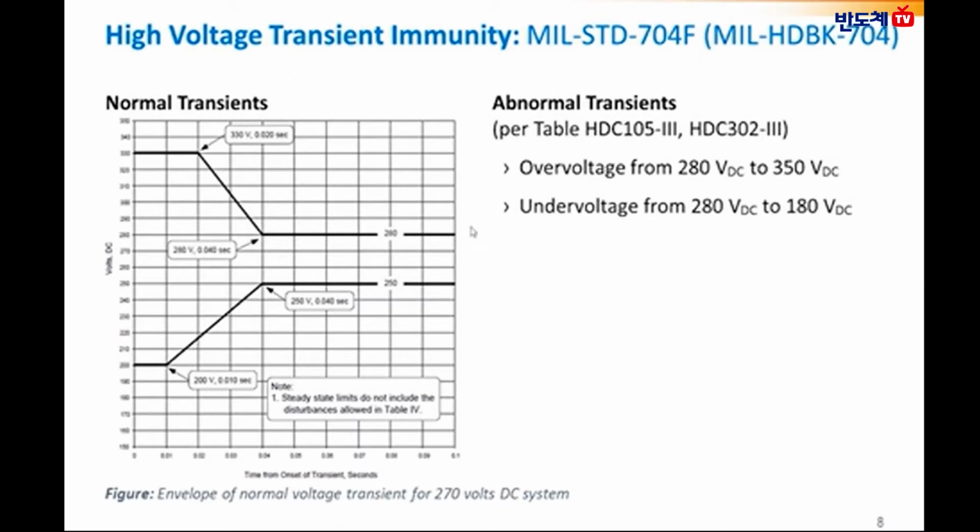Curve 1 shows the limit line for systems with input voltages greater than 28 volts, whereas curve 2 is the limit line for systems with input voltages less than or equal to 28 volts. And the emissions are plotted.